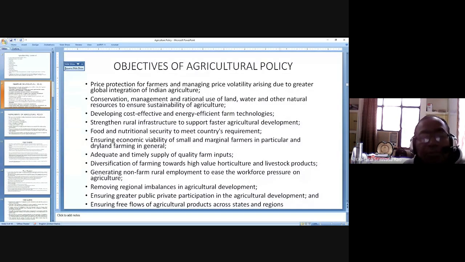Okay, and generating non-farm rural employment to ease the workforce pressure on agriculture is also one of the more important things. Especially, the theories already explained that disguised unemployment is very high in the agriculture sector.